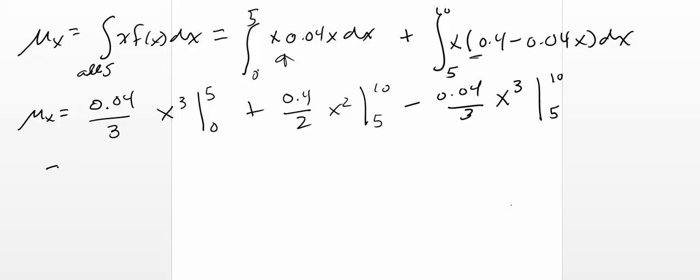And when we evaluate that, this is just 5 to the third times 0.04 over 3, and I get 1.6667 for this first term. For the second term, I have 0.2 times the quantity 10 squared minus 5 squared, which is just equal to plus 15.